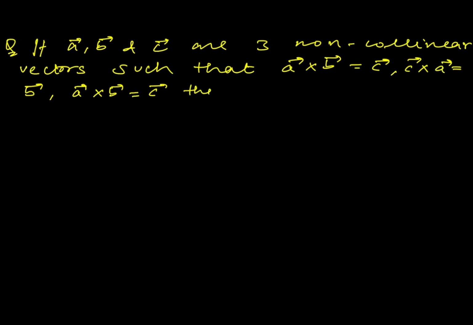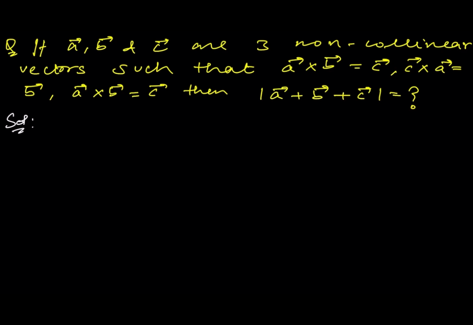Then mod of A vector plus B vector plus C vector is equal to question mark. So in given question, we are asked the magnitude of A plus B plus C.